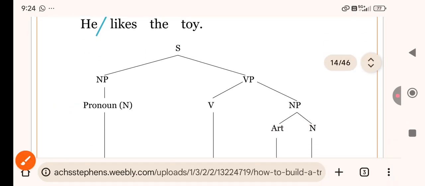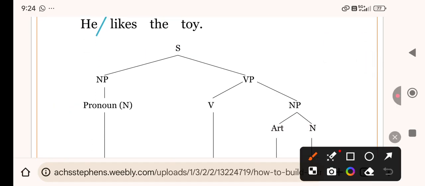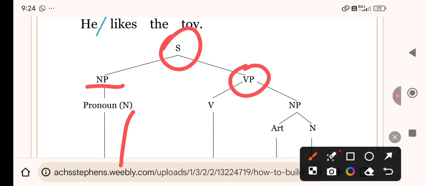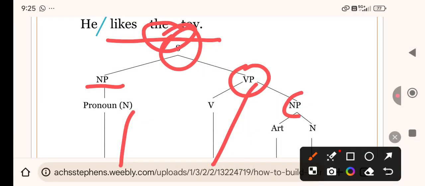Very simple sentence. He is a pronoun, so the sentence has a noun phrase, the pronoun he. And then likes, a verb phrase, from here to here, this is called the verb phrase. Drop the verb, and then the boy is an article and a noun.